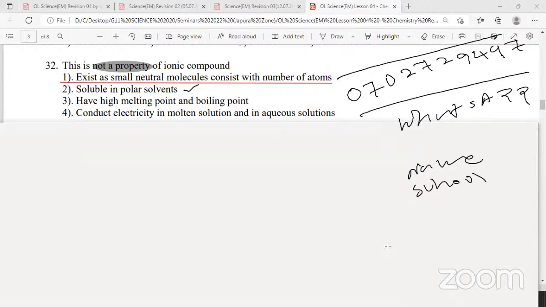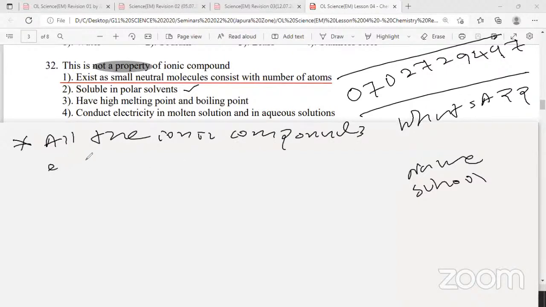NaCl is not a molecule. It is an ionic lattice. Therefore, all the ionic compounds exist as ionic lattices. Please note this, everyone.